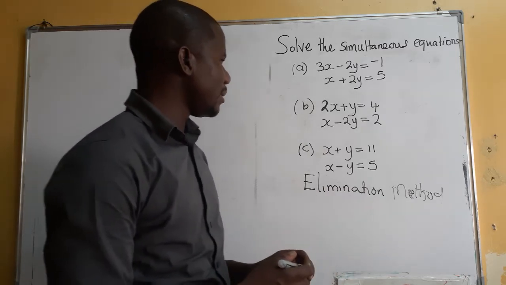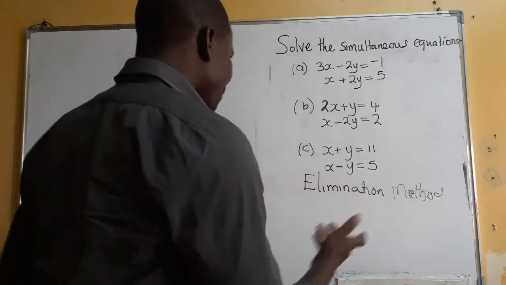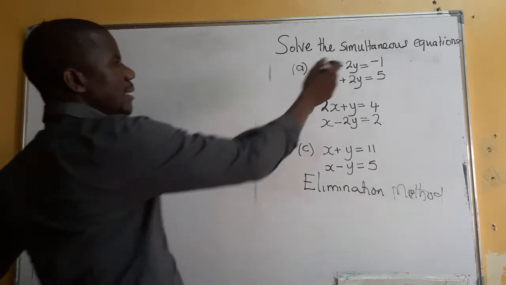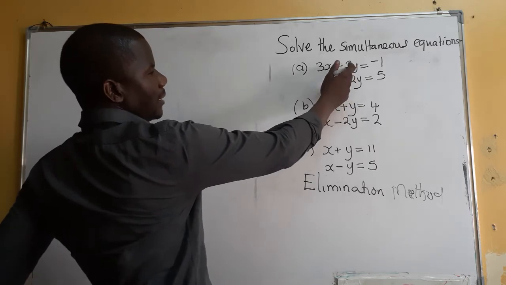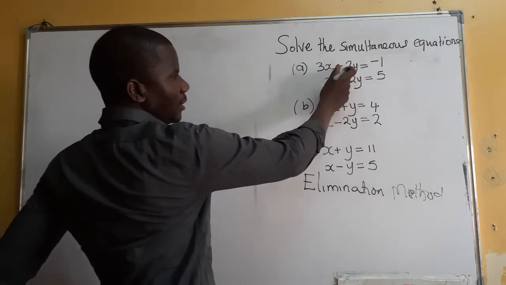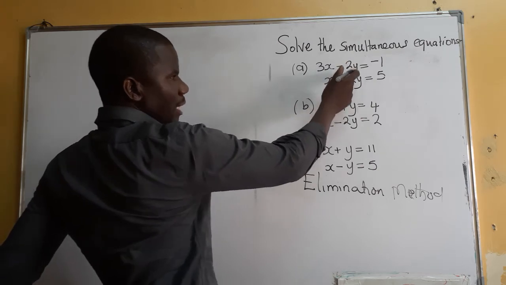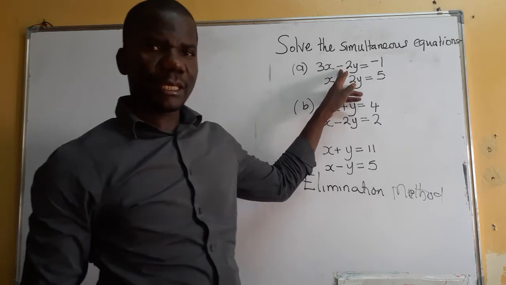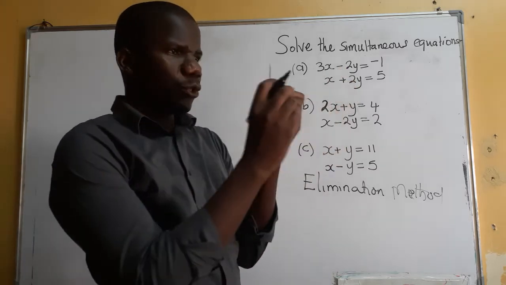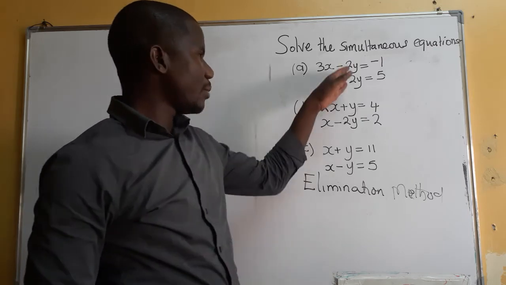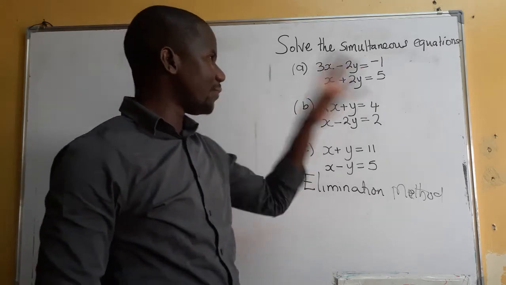What I mean is, when you look at this, the coefficient of y is 2, and here the coefficient is also 2. We are not considering the signs, we're just looking at the actual number. So here you discover that y has the same coefficient.